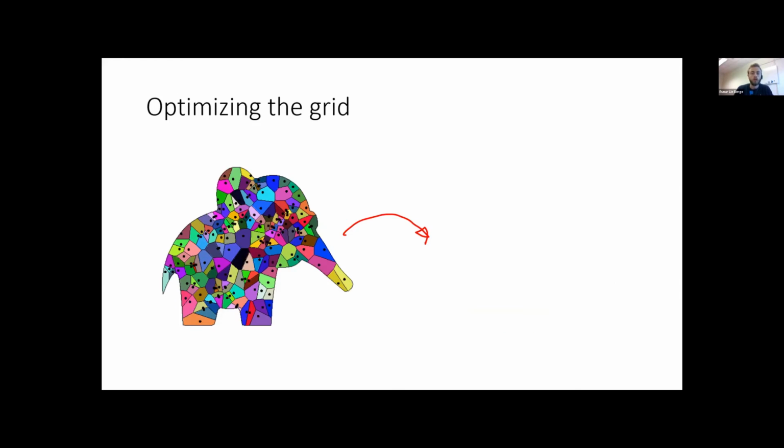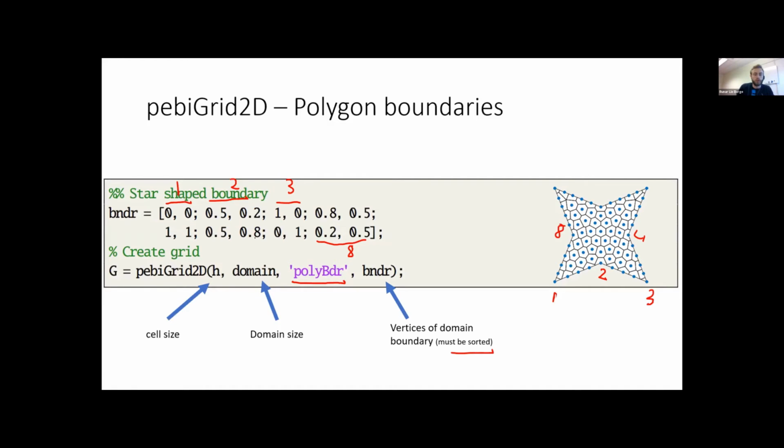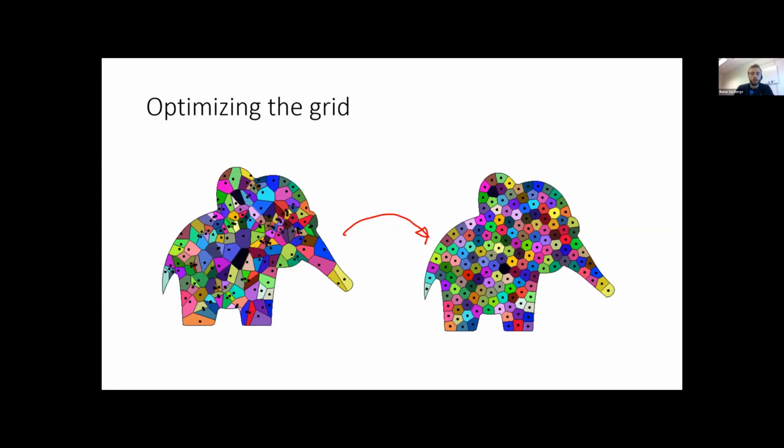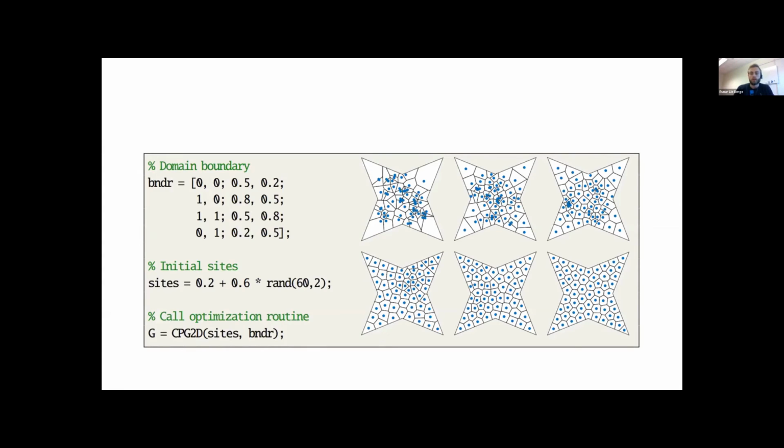And you can see an example here with the star-shaped boundary. We're just calling this PEBI-grid 2D function, and it will automatically do this optimization for you. Here you see just an example during the optimization procedure where we have the initial step without optimization, and here the sites are just placed randomly until the optimization is finished.